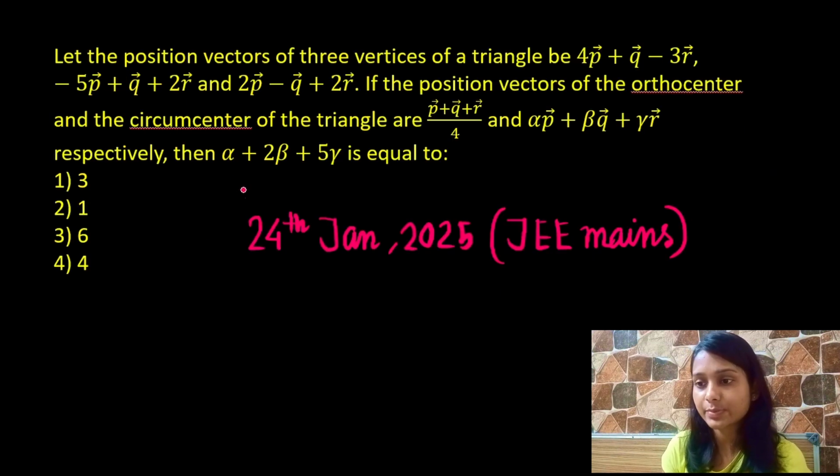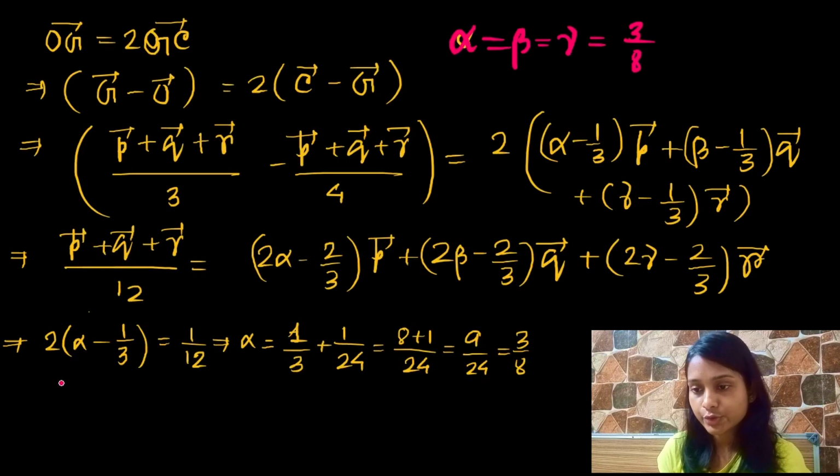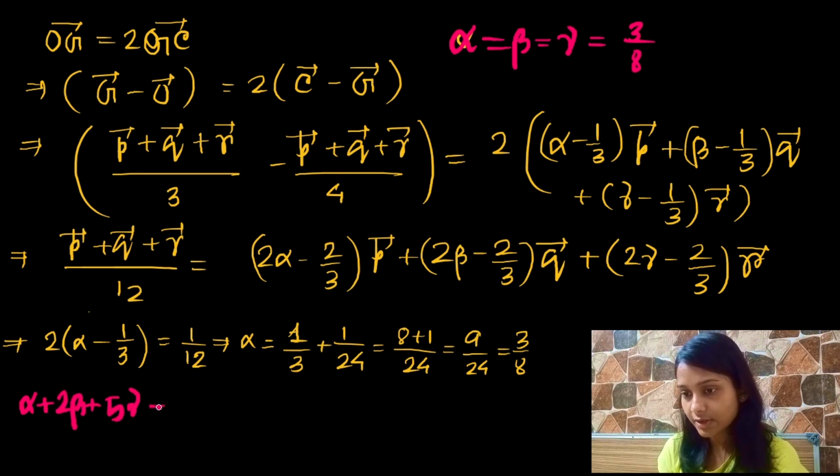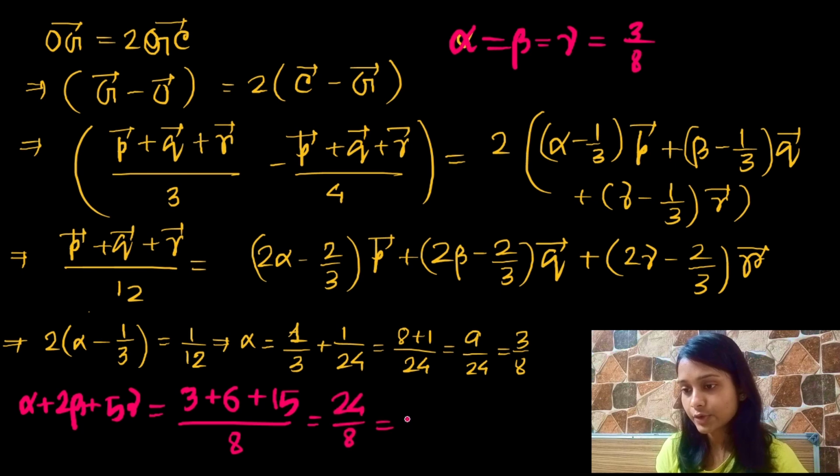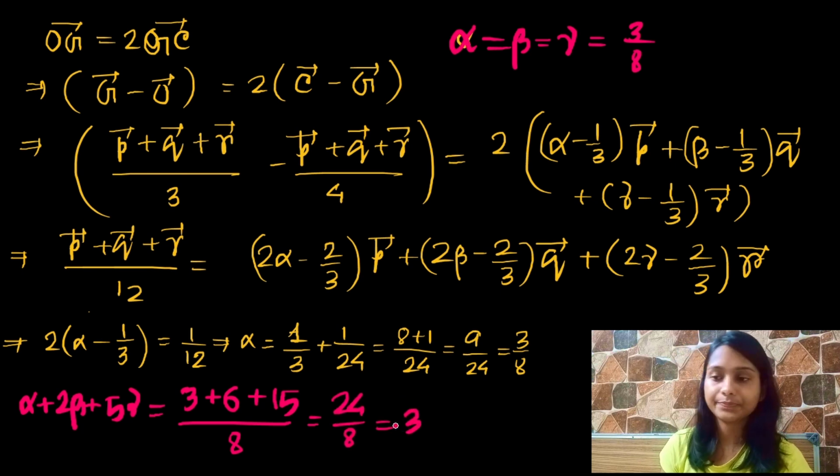So we had this expression alpha plus 2 beta plus 5 gamma. It will give 3, 2 times 3 is 6, 5 times 3 is 15, divided by 8. So 24 by 8. So the answer is 3.